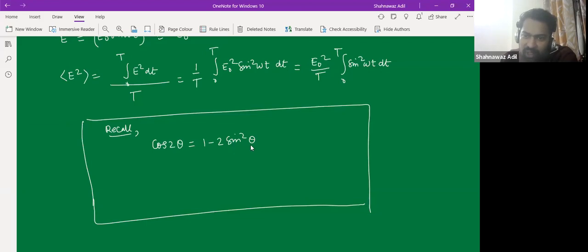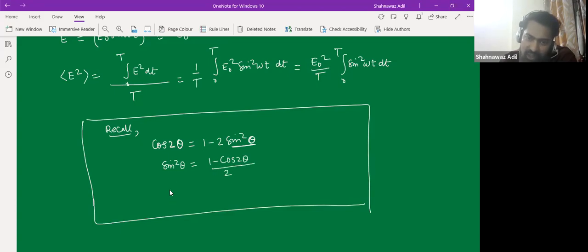So we can find the value of sine square. Remember, for sine this is theta, for cos that would be 2 theta. So sine square theta would be 1 minus cos 2 theta divided by 2.